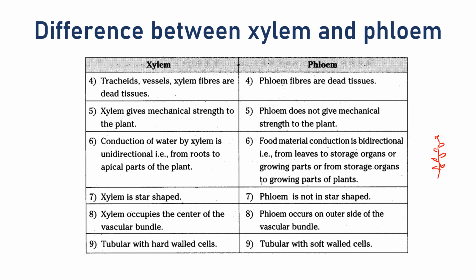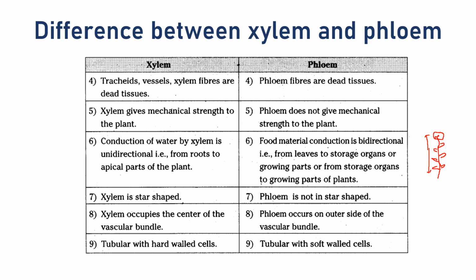So suppose these are the green leaves, the food has to go down. Food has to be translocated in the downward direction as well as in the upward direction, where the buds and leaves are still very small to make their own food. So this is how in phloem the conduction of material is bidirectional.